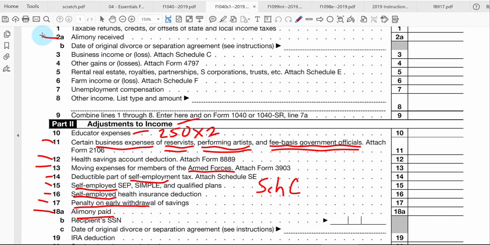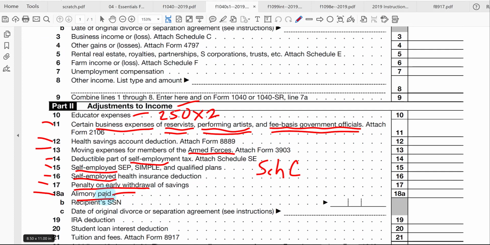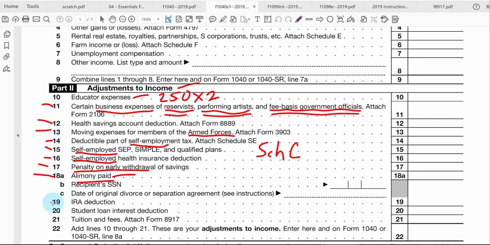But now, if your divorce occurred after 2018, it's no longer deductible when you make alimony payments. It's no longer taxable when you receive alimony payments. The next line here as an adjustment is IRAs. So that's going to be our next video, both traditional and Roth IRAs.